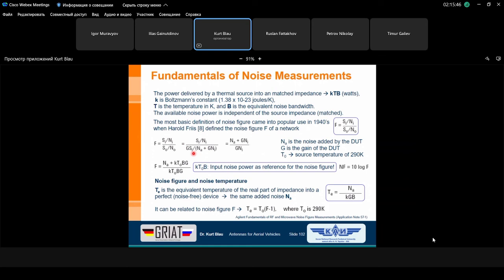But we have this additional noise, and this makes the problem of our receiving system, namely the noise added by our device under test, for instance an amplifier, and G is the gain of our device under test if we only look at an amplifier.